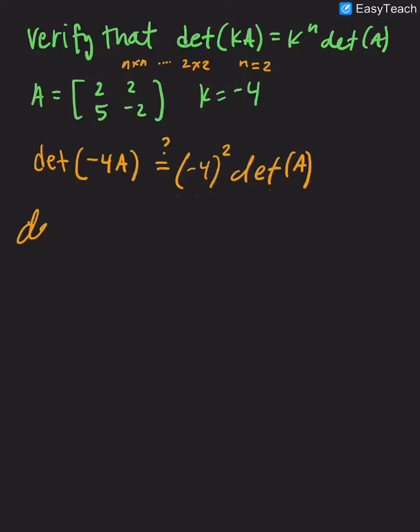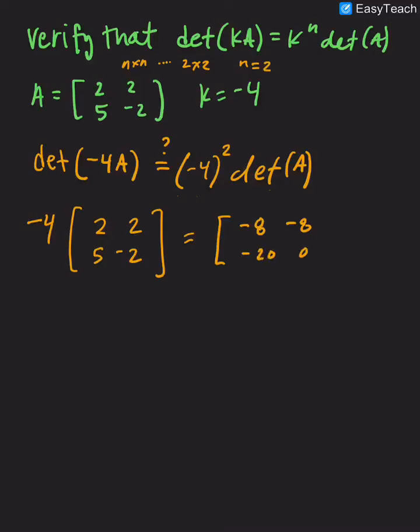So here we have the determinant of A. So we have 2, 2, 5, and -2. Okay. And then if we apply that -4 to all the components, then we have the matrix of -8, -8, -20, 8. Okay? So that's the left side.